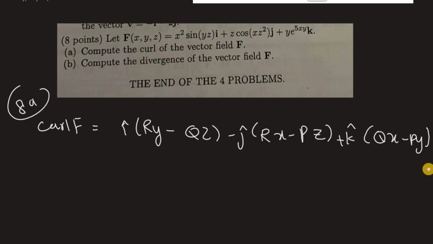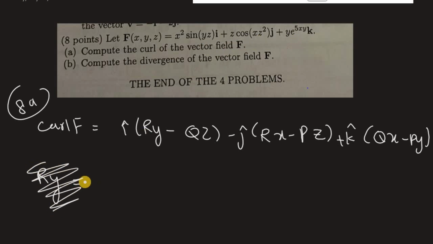Okay, so let's go ahead and find all these, and then plug them all together in this formula and calculate the curl. This is as simple as finding the pieces. So first we're finding R sub y, which means the partial derivative of R with respect to y. So what is this R? This is the function that we're given over here, right?